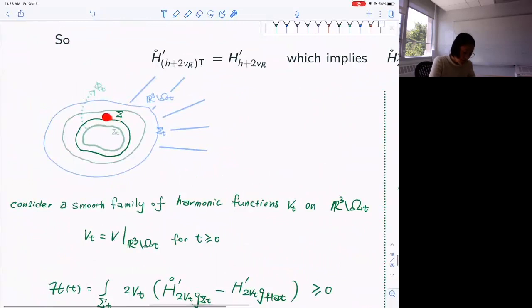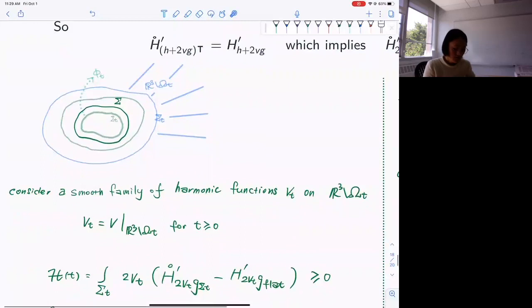Here sigma is the starting convex surface. We know HV is a static vacuum deformation in the exterior region. Then we deform sigma for a short time along the unit normal vector, so we get a sequence of surfaces. On those surfaces, we consider a smooth family of harmonic functions Vt in the exterior region of the surfaces sigma t.